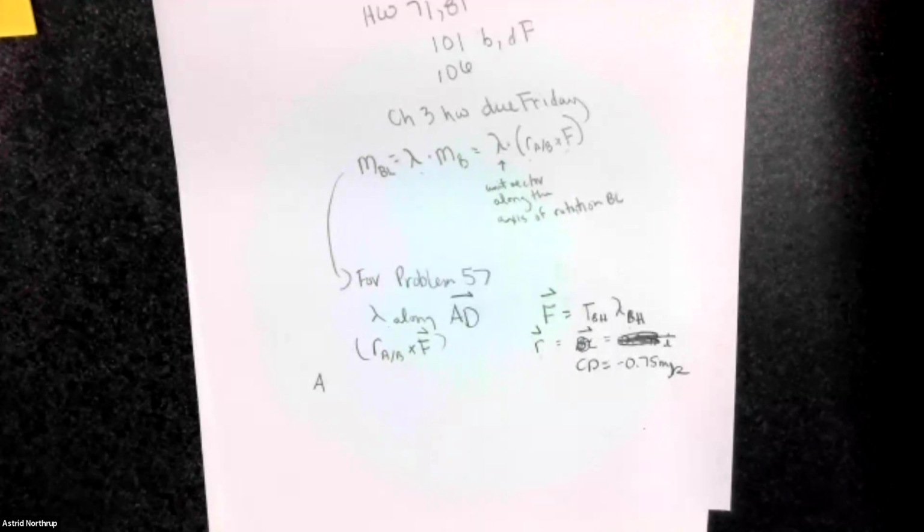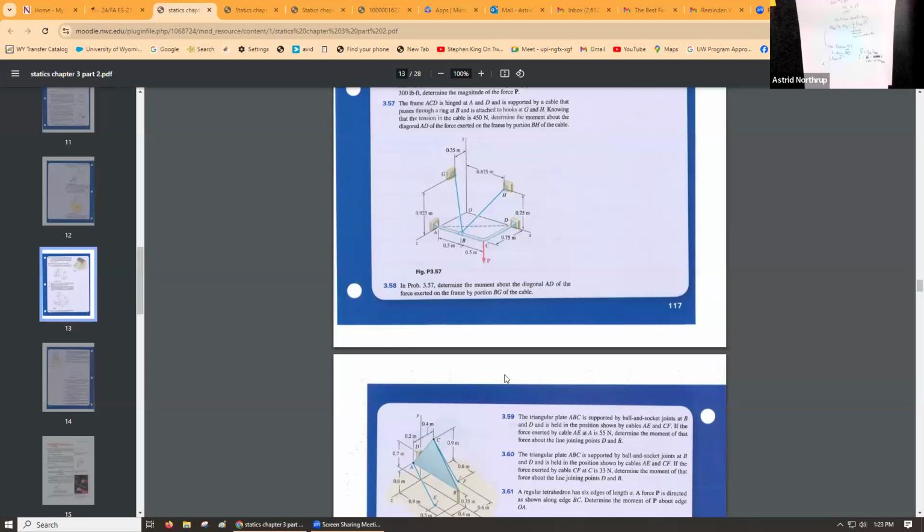All right, so going back to the screen. So we have R. The lambda along AD is correct. And then my R AB, I've got that. So now I have to find my force.